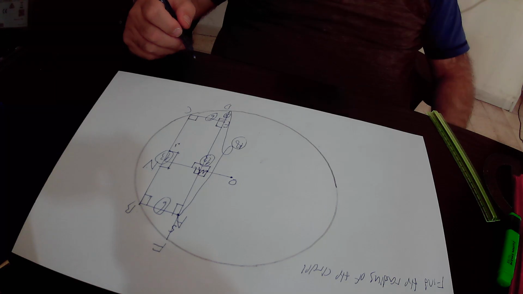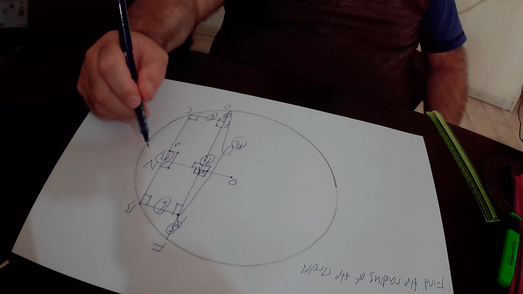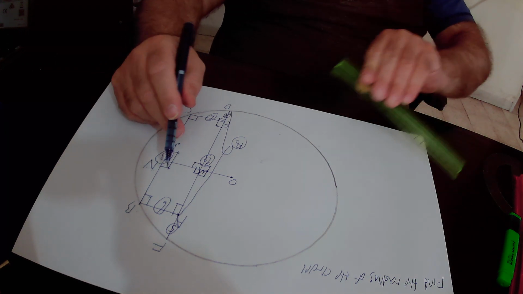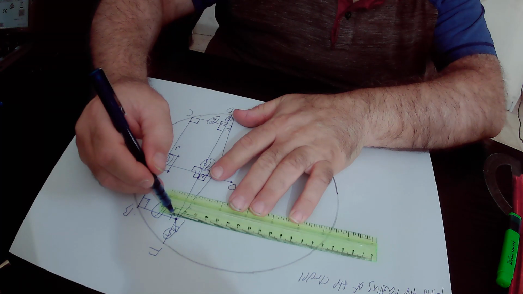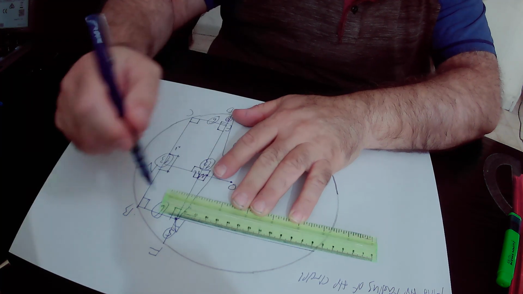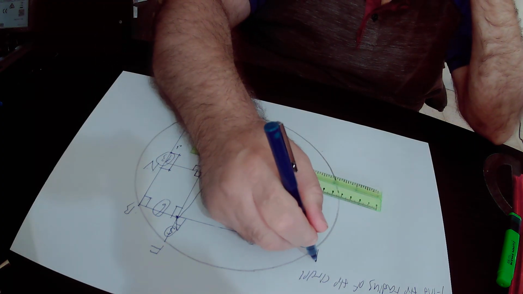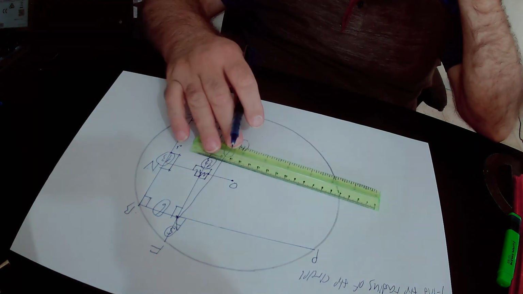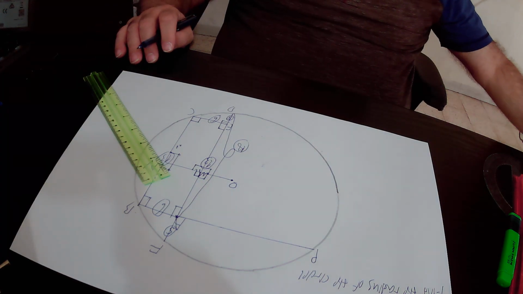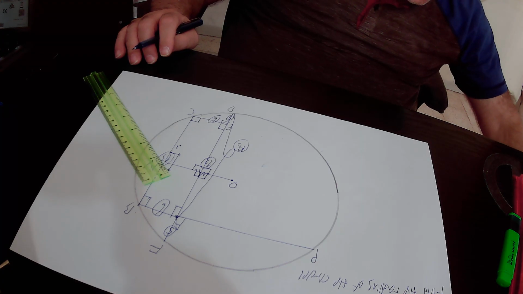In the next step, we will extend side BA until it touches the circle, and we will define the touching point of the extended side BA and the circle as P. Here we can actually implement the old rule number 2 in our drawing.